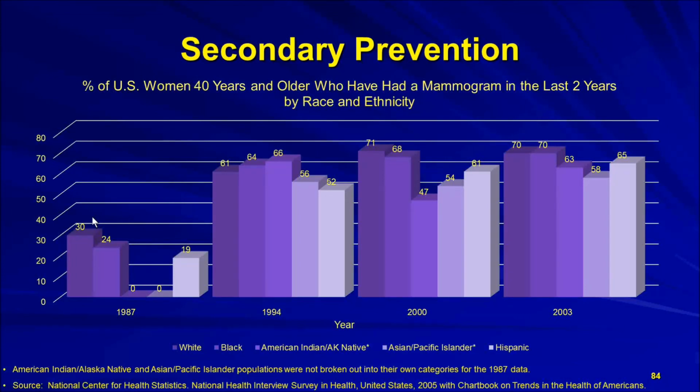And what are the observations that you make? Well, let's start together if you would. Data in 1987 are incomplete. We don't have information about some populations or some subpopulations, right? So that's a shortcoming of this.